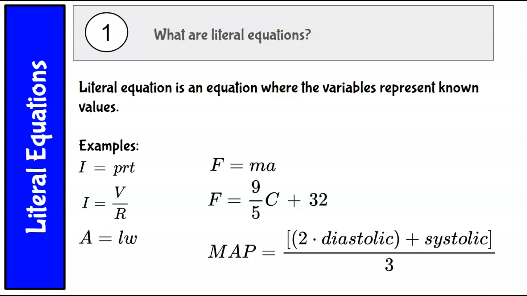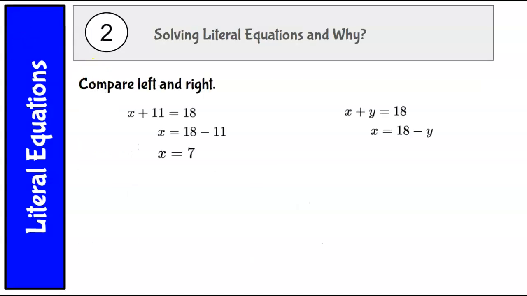And the last one there is mean arterial pressure, so it's something that a doctor or a nurse might look at, and the diastolic and the systolic has to do with your heartbeat and how much pressure is in your heart. I don't know a whole lot about that particular formula, but I do know that it is something that you need in order to understand blood pressure.